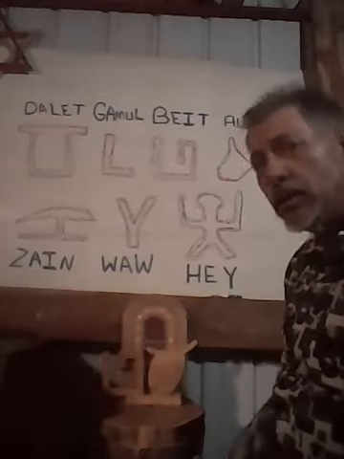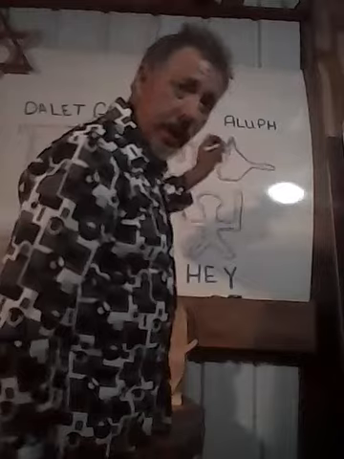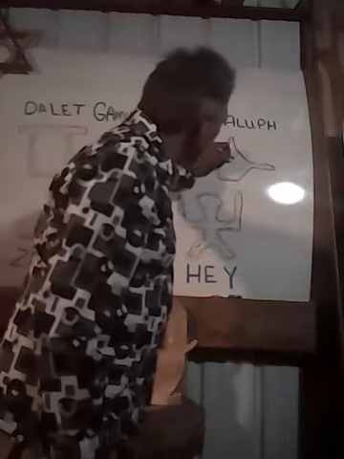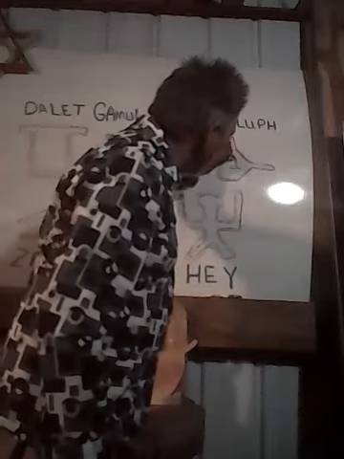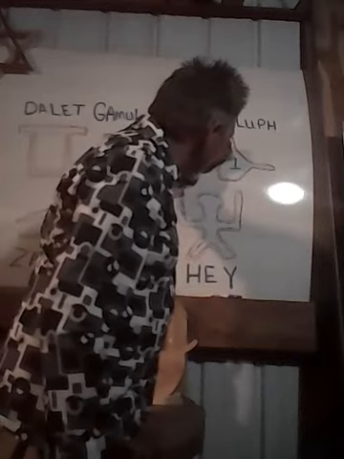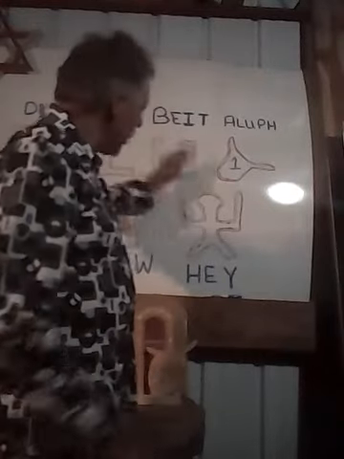Now, let's get into a little bit of the numbers. We're going to count 7 today. So the Aluph we understand, and we know the Aluph is 1. So I'm going to draw us a 1 right here, in the center of the Aluph. And this is the bait. 1, 2.